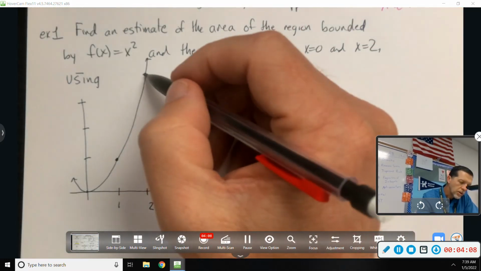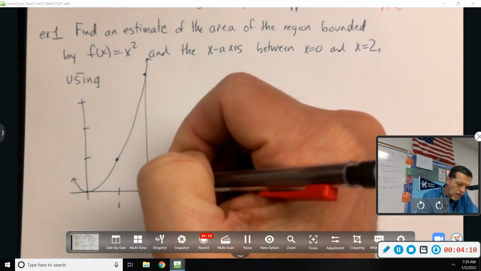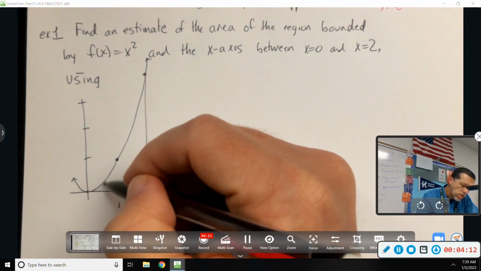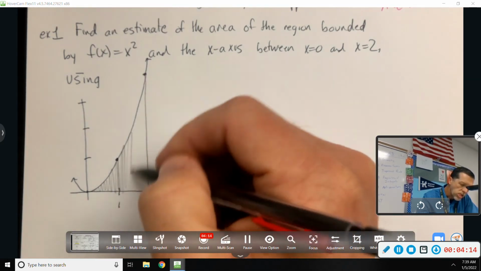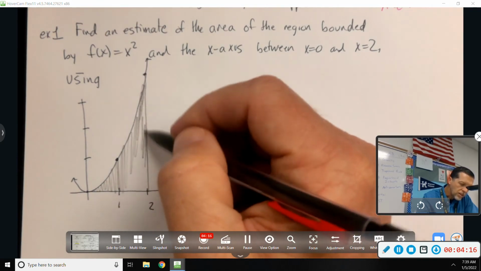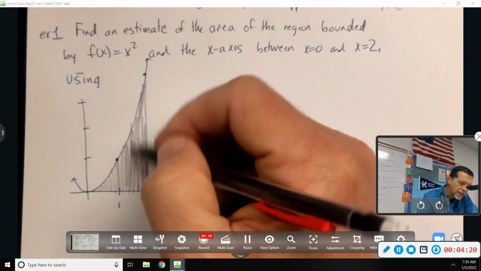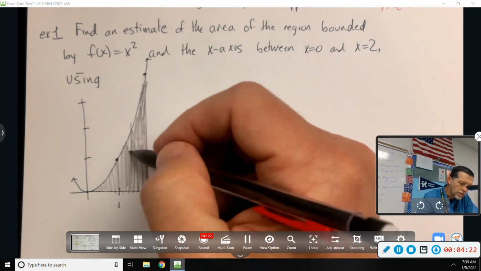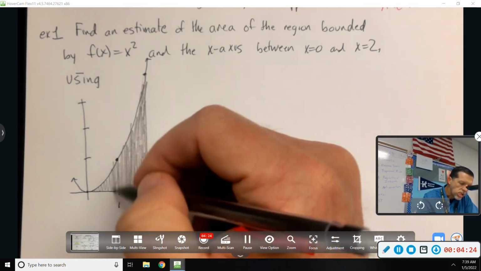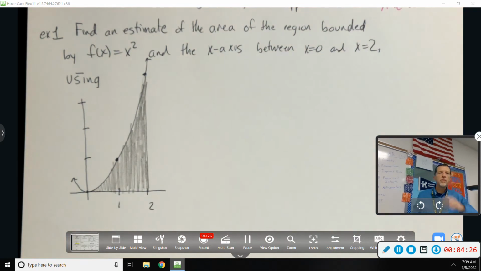So my shaded area is the exact area, but that's not really what we want. I'm shading lightly because I'm going to draw more pictures on here in a minute.